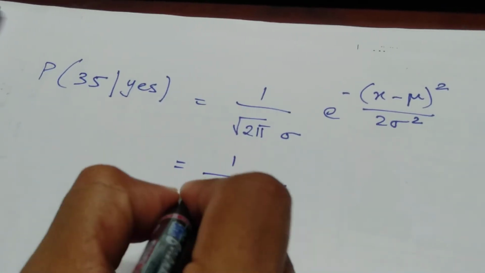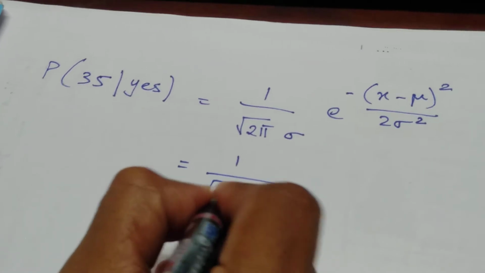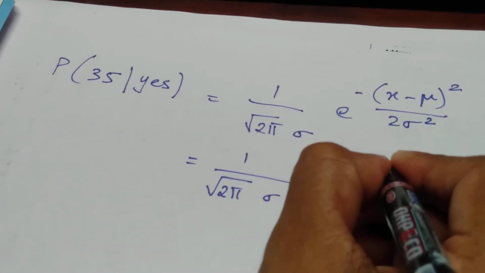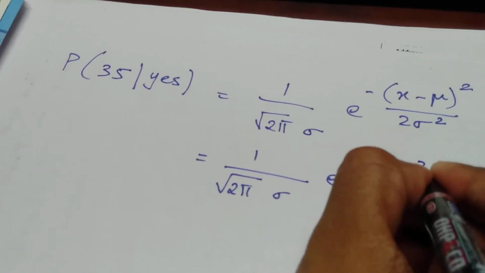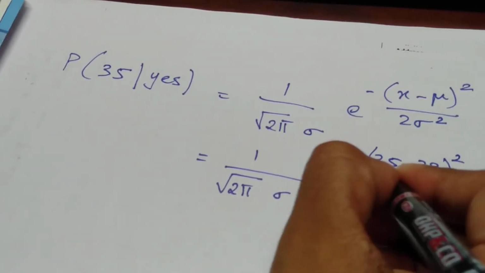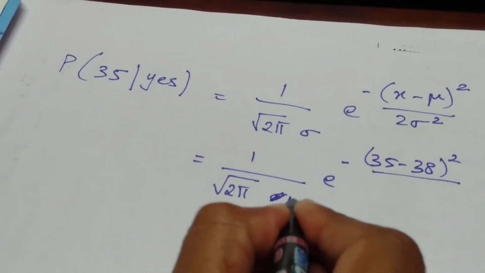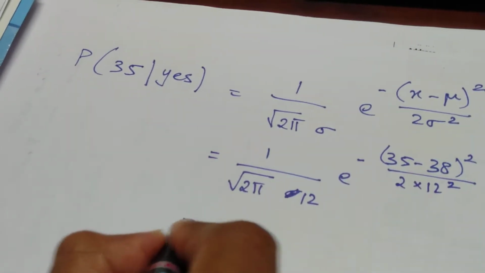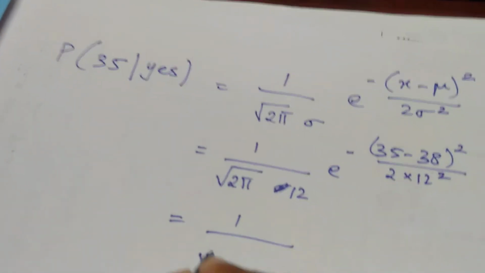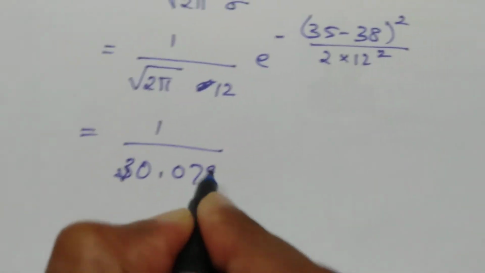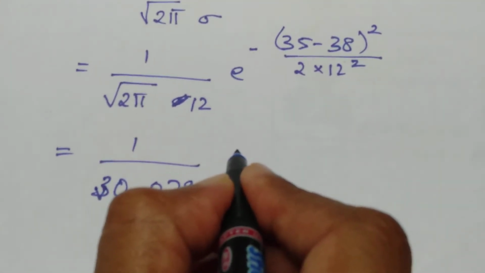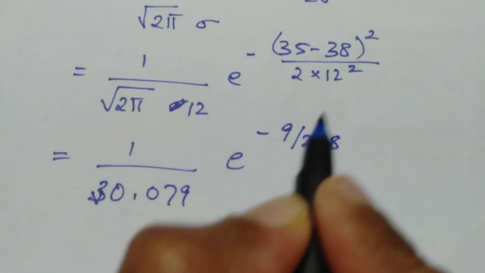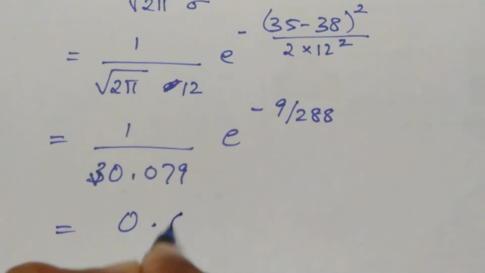So I have 1 divided by square root of 2 pi sigma, e raised to minus 35 minus 38 the whole squared divided by 2 into 12 squared, since sigma is 12. That is equal to 1 divided by 30.079, e raised to minus 9 divided by 288. This will be equal to 0.032.